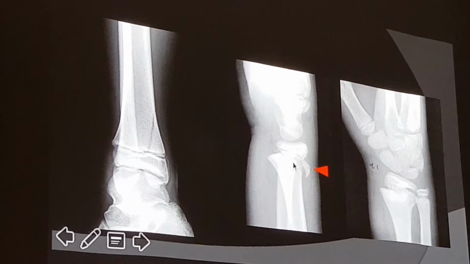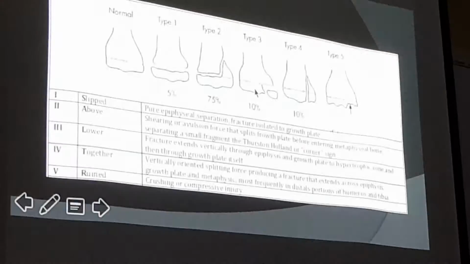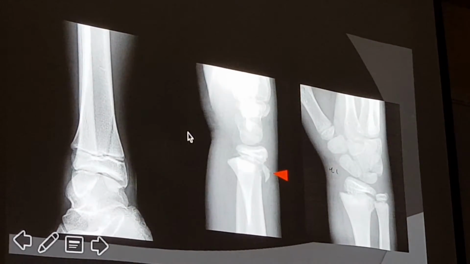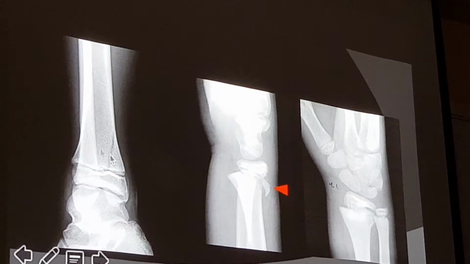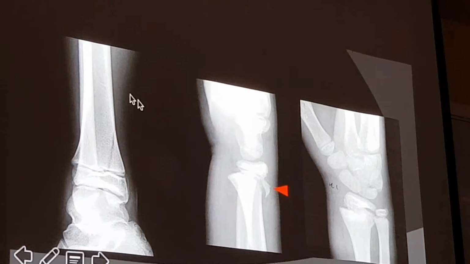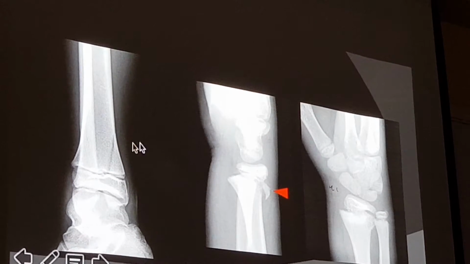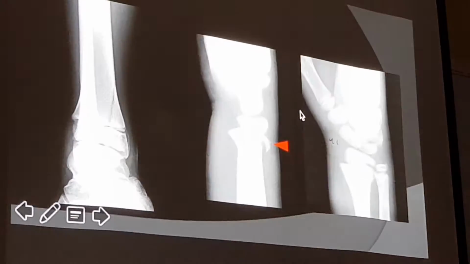So it's actually the same type. It's also a type 2 fracture, also above. Take note that only the orientation is different, because this is the foot, this is the leg, and this is the wrist. But we're still talking about type 2 fractures for both of these.